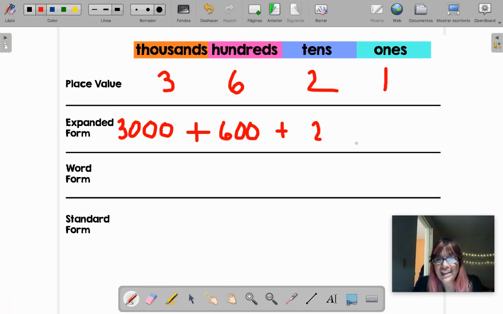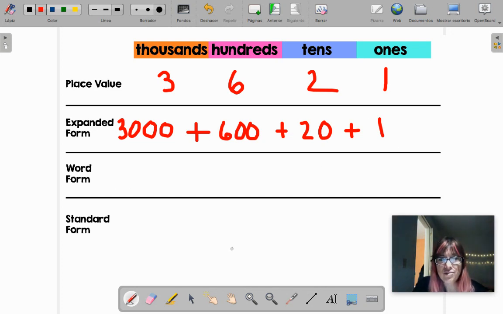No, exactly, because it's not just 2. This two, because it's in the tens, means 20. So here we put 20 plus, and here, yes, we just say ones. In the ones are the normal numbers that you learned in kinder. Okay? So this was the expanded form.